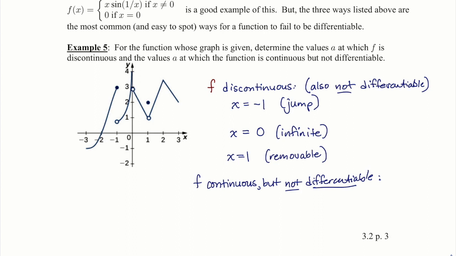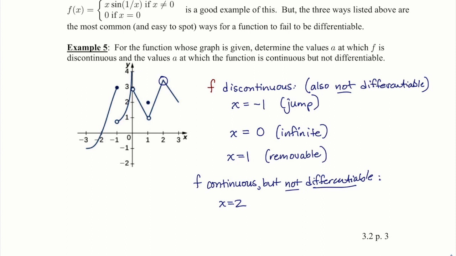So let's see, certainly here at 2, we have a sharp turn. And that's, I guess, the only other thing I'm seeing on this graph. I don't see any place where it appears that there is a vertical tangent line.